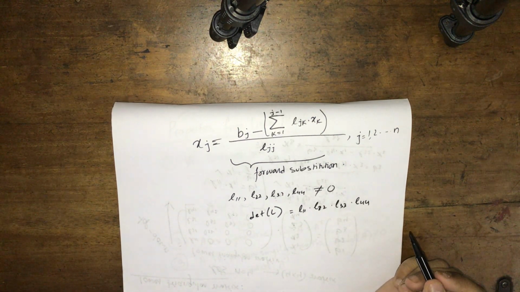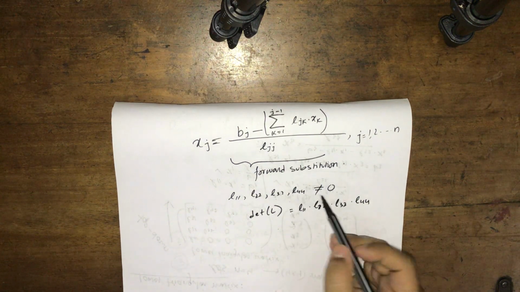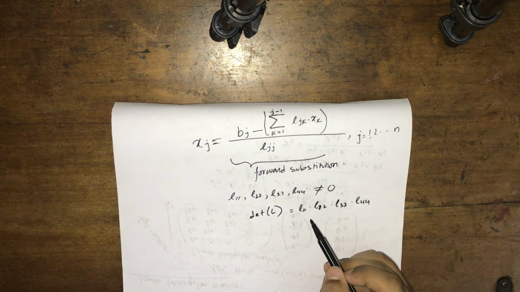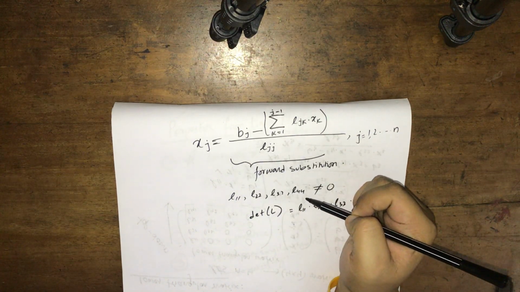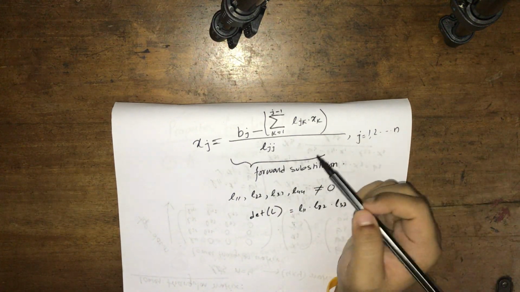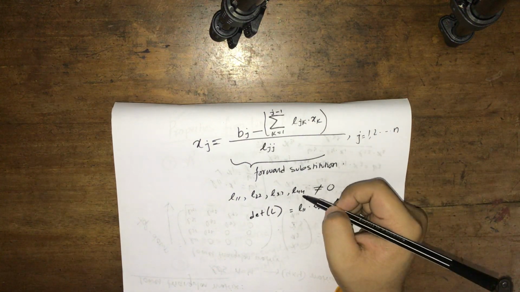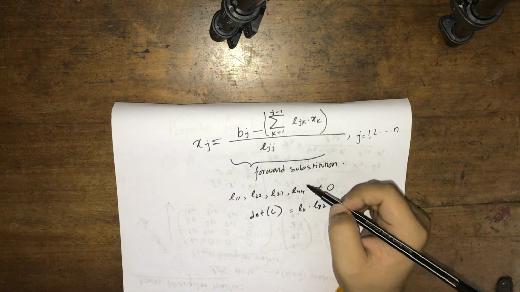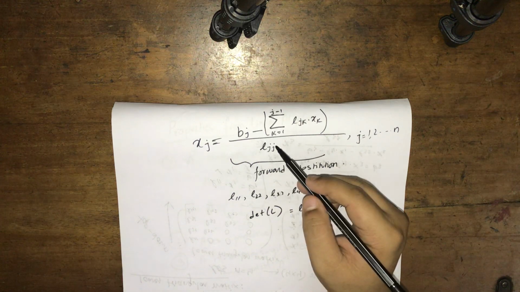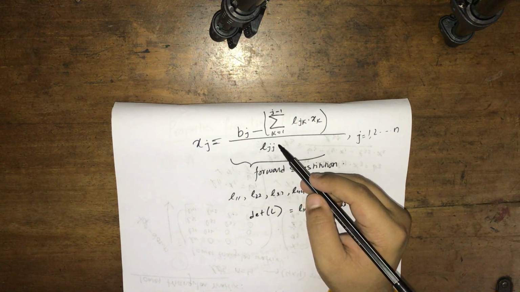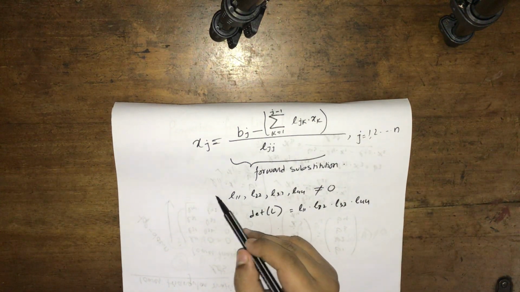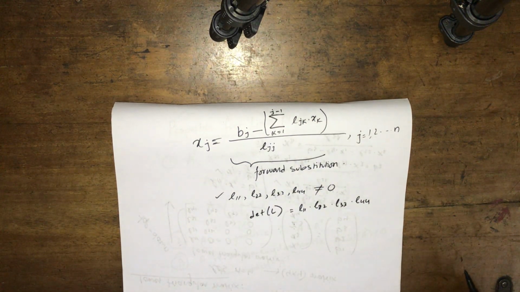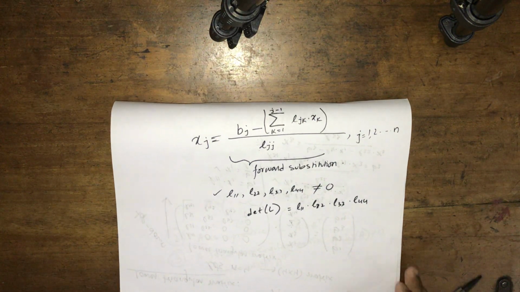If either of them is 0, the whole thing becomes 0. Or think about L44 for calculating the fourth variable x4: if L44 becomes 0, it goes to infinity, so we can't calculate a solution for x4. Alright, so we have to keep in mind that L11, L22, L33 and L44 should not be equal to 0 so that we can calculate a solution.